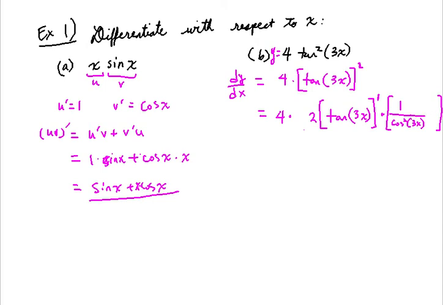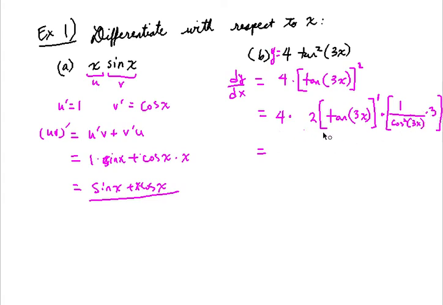So this would be times the derivative of this inside part, which is 3. So I'm really doing the chain rule twice here. Now I'm done. There's nothing more to find derivatives of. 3x becomes 3, and that's as simple as it gets.